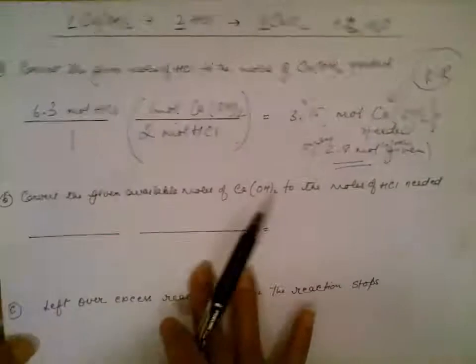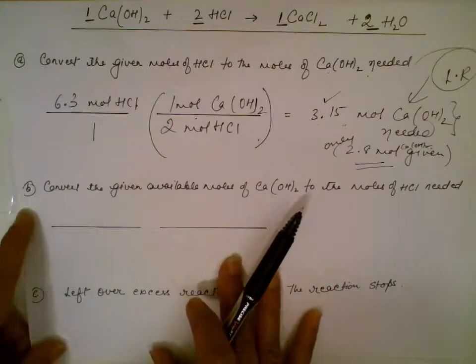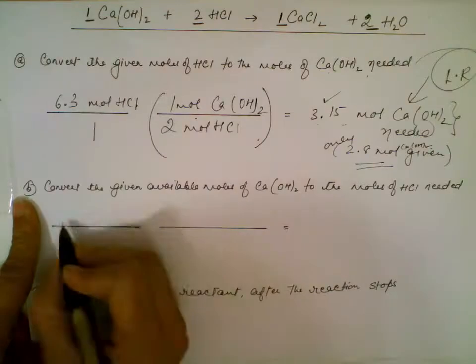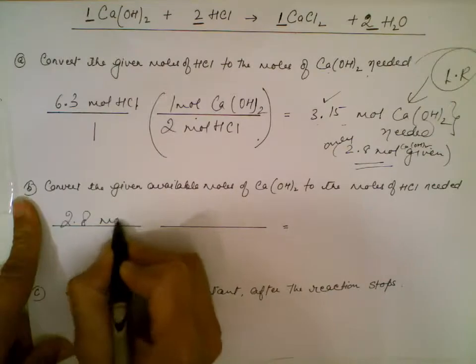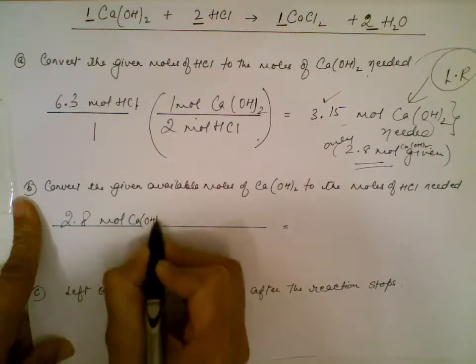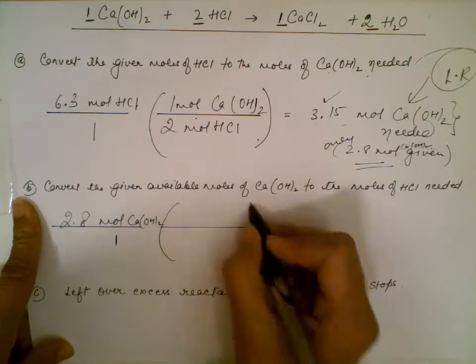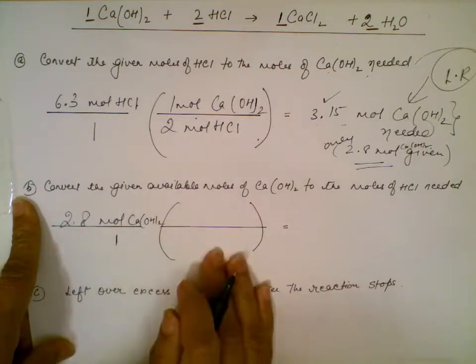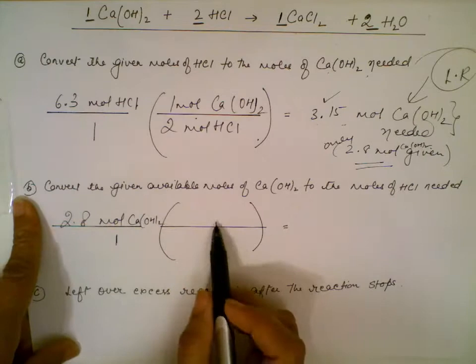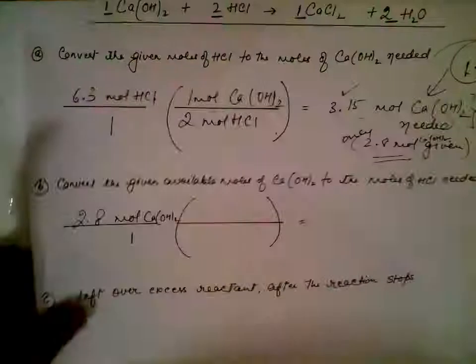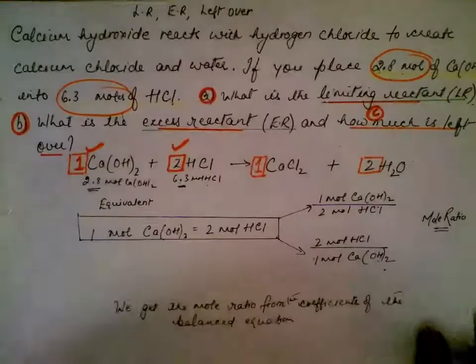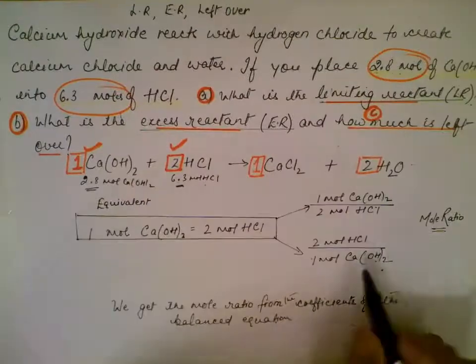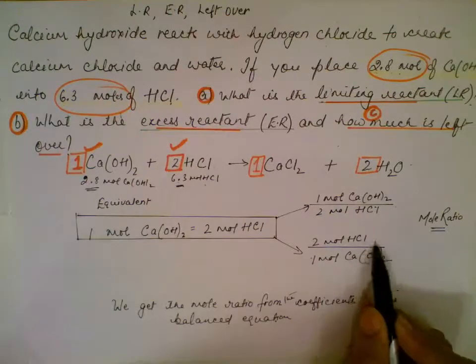So let me write that down. We always start out with the given and we are multiplying with the mole ratio. So this is your given. Okay, and when you pick the mole ratio, now you know you want to figure out the moles of hydrogen chloride. So when you look at this fraction, moles of hydrogen chloride are at the top here.